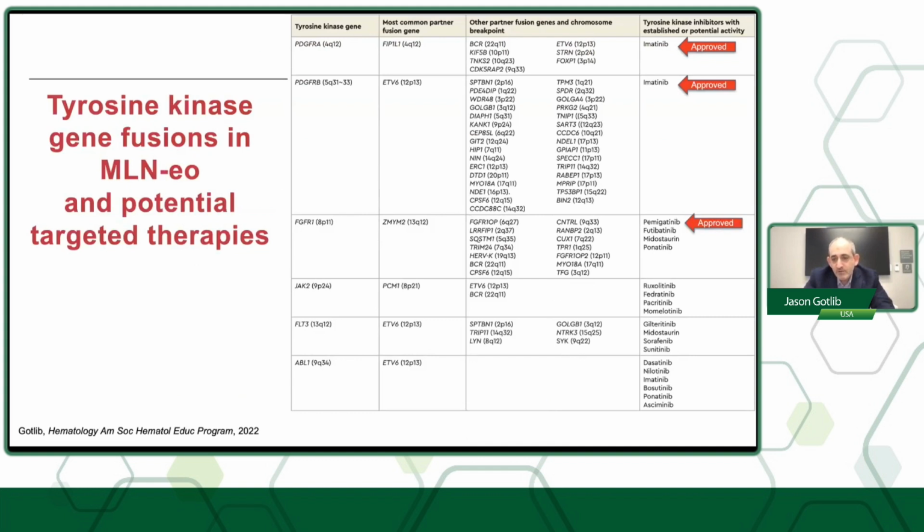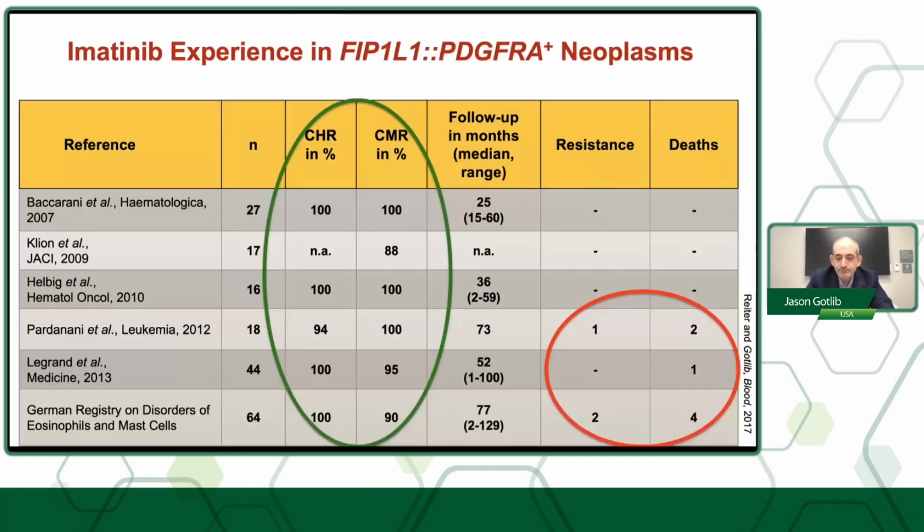And you can also see that now there are FDA approvals for imatinib for PDGFR alpha and PDGFR beta rearranged disease. And last year, we had the approval of the FGFR1 to 3 inhibitor, pemigatinib, for patients with rearrangements involving FGFR1. And I will talk about some of that data, which is more new.